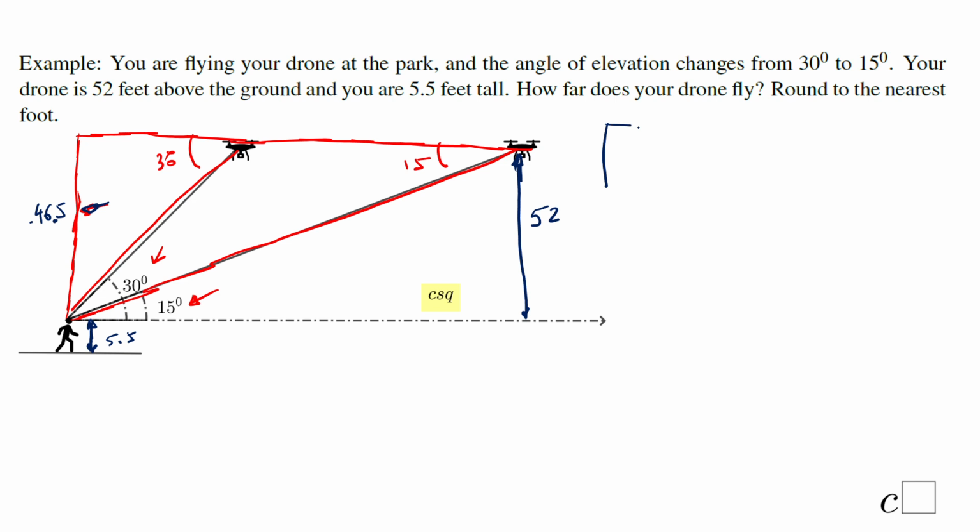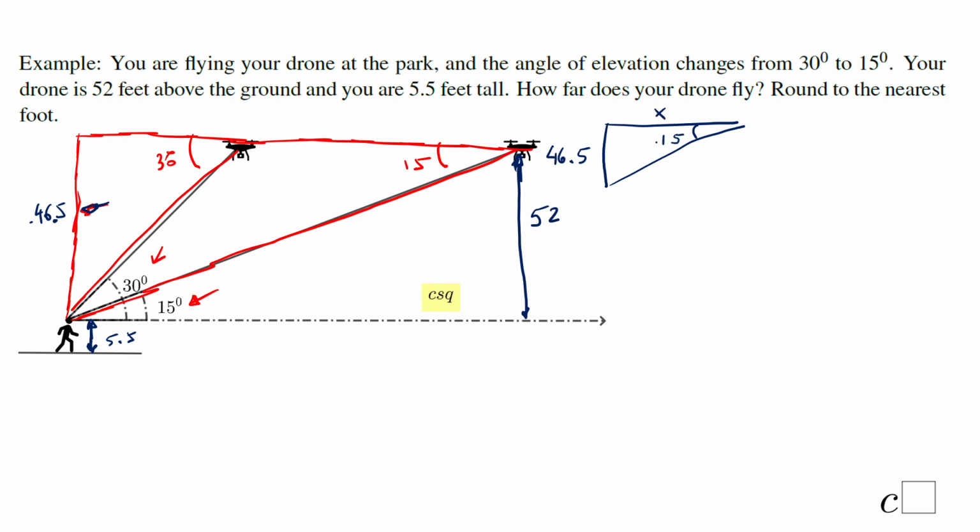Now I'm going to start similar with the big triangle. You can start with the small triangle, obviously. And again, this is 46.5. This angle is 30. And we need to find, the big triangle, the angle is 15. Since I said the big, this is 15. And we need to find this x.